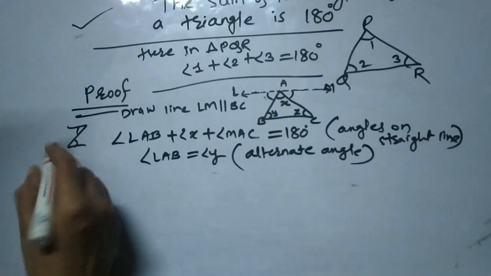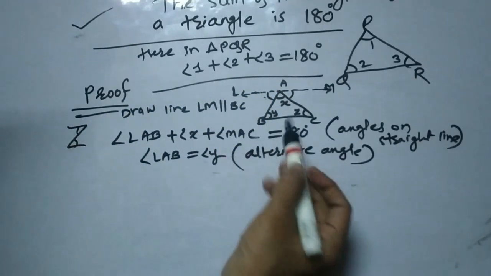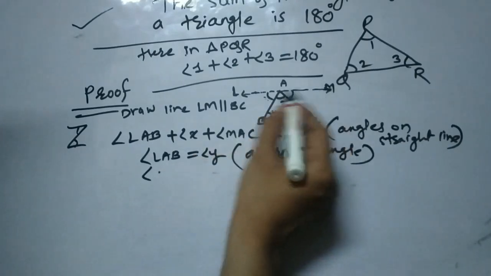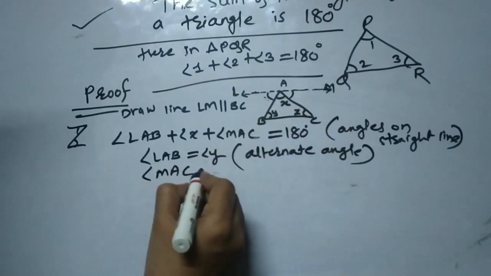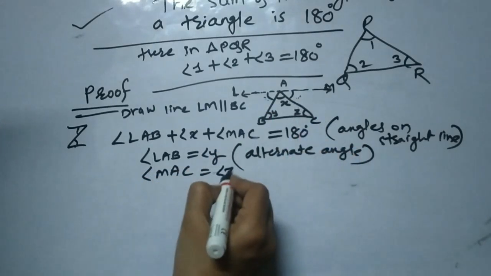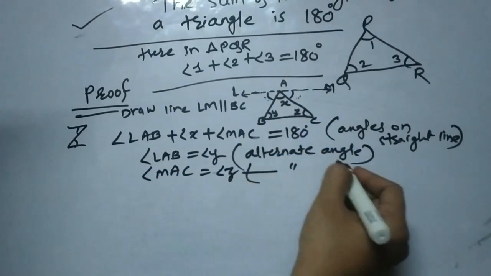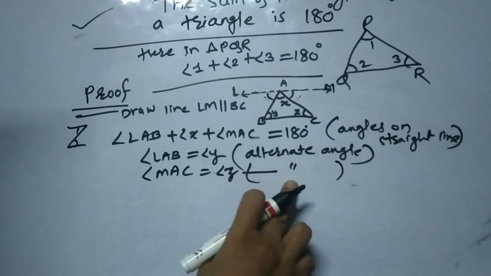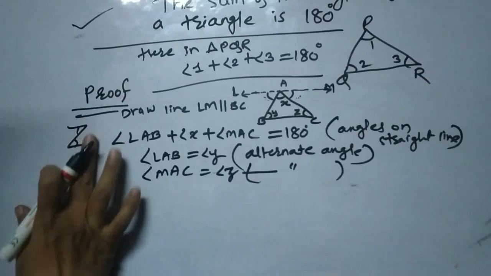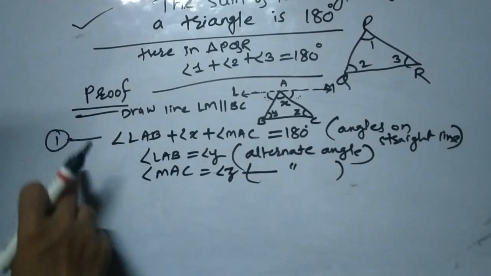This and this are alternate angles, so that's why this is Y. In the same way you can see this MAC is Z. This angle and this are alternate angles. So again the reason is that they are alternate angles. Finally we'll call this equation number 1.